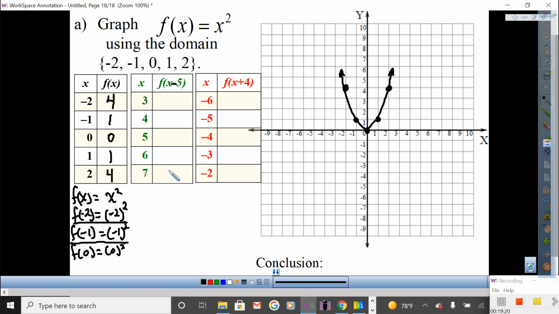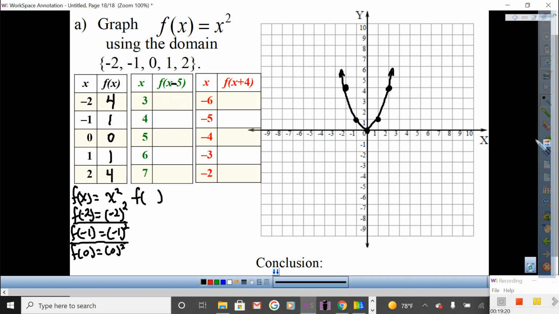Here we go. Now, according to the process that I wrote here, it was f of x equals x squared. Or in other words, f of whatever, that whatever squared. So this one, I'm going to write f of, but wait, I can't write f of x. What do I write now? F of x minus 5.